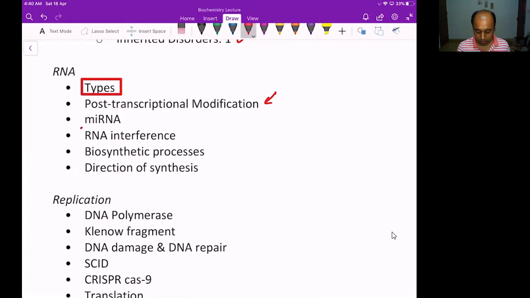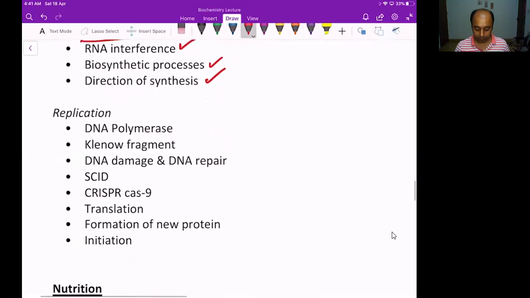Question has been asked about the microRNA, also known as miRNA, and one question directly on the action of microRNA, that is RNA interference. Question has also been asked about the biosynthetic process of RNA and what is the direction of RNA synthesis. So these are some basic conceptual questions which have been asked from the section of RNA.